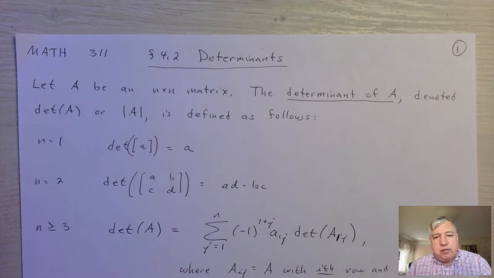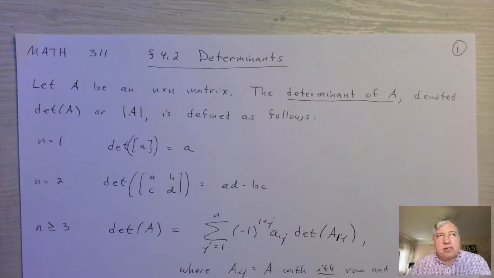And now we're going to generalize this topic of determinants to any square matrix, and it'll turn out that that matrix will be invertible if and only if that determinant is not 0.